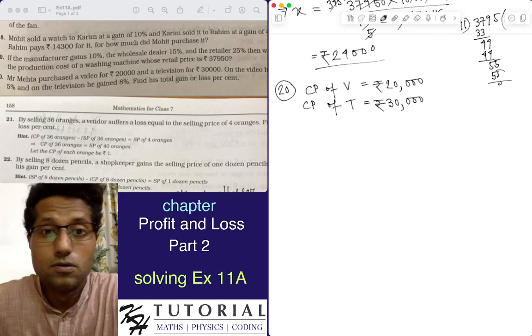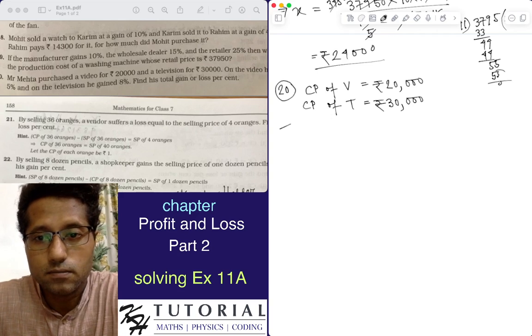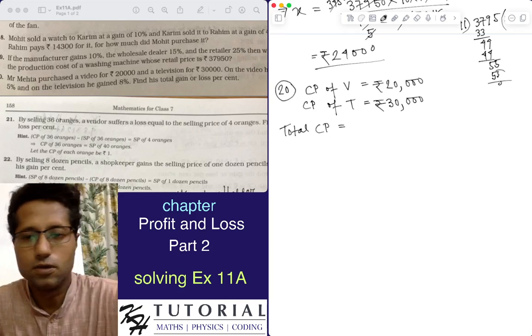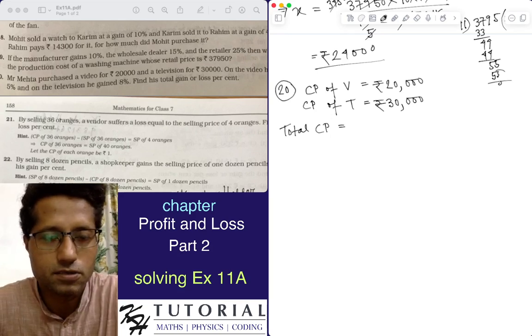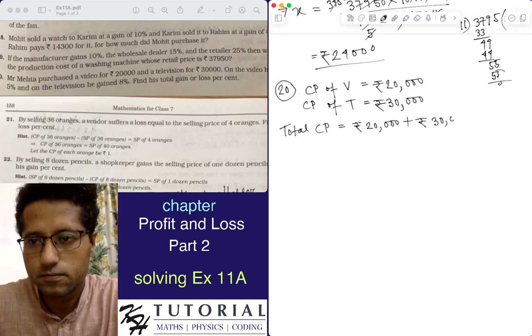Okay, so the total cost price is the total price at which Mehta purchased both the video and the television, which is equal to rupees 20,000 plus rupees 30,000.